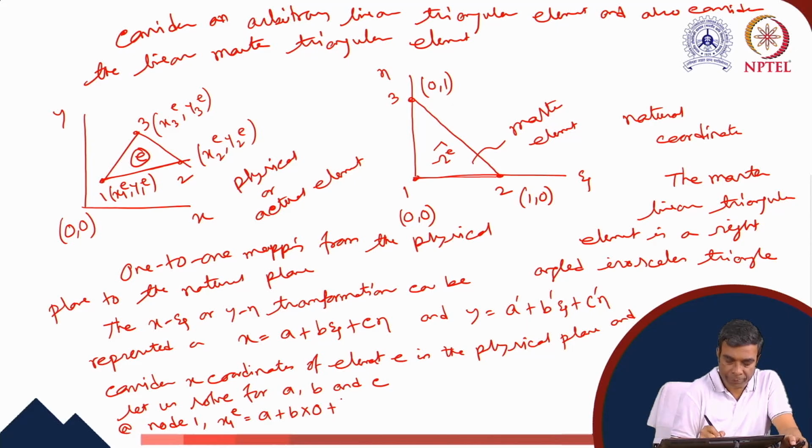At node 1, eta is also 0, C into 0, this gives us A equals x1e.